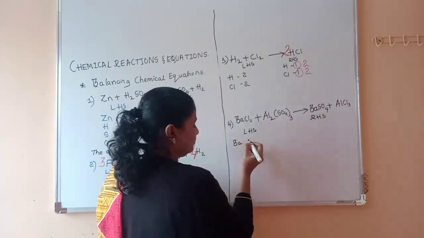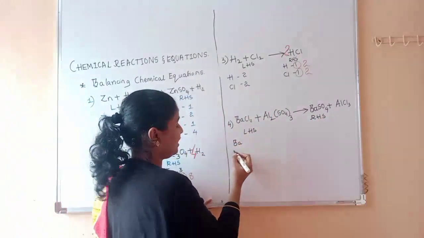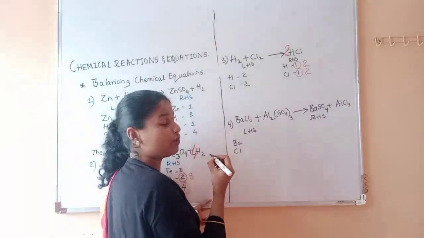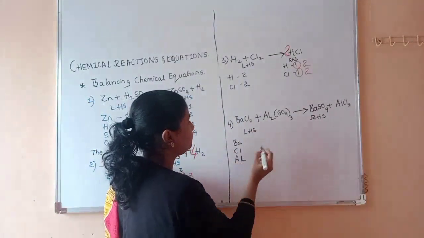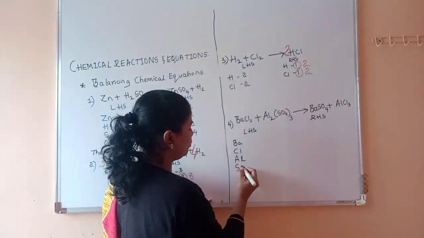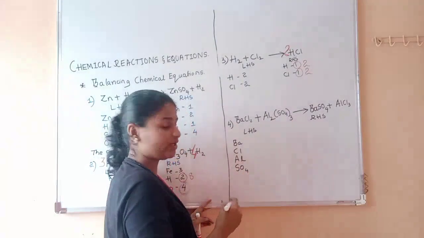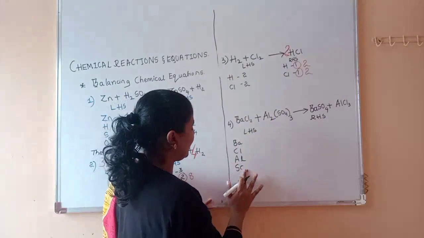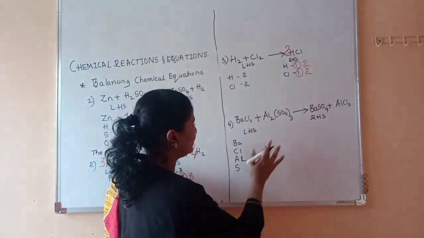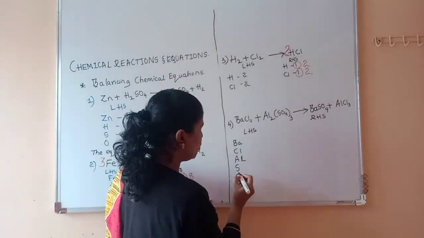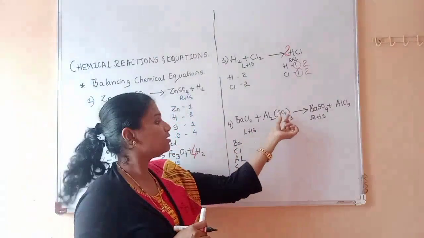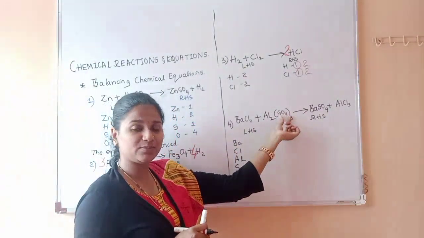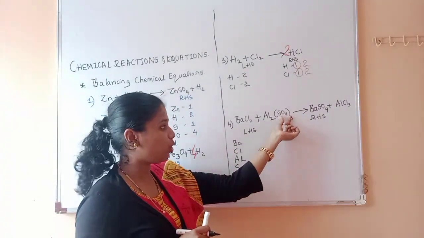Barium we have Ba, Cl chlorine, okay, then Al aluminium sulfate SO4. Okay, so let us take it separately as S and O. So for polyatomic ions, it means two different atoms will be present as a compound or a molecule.